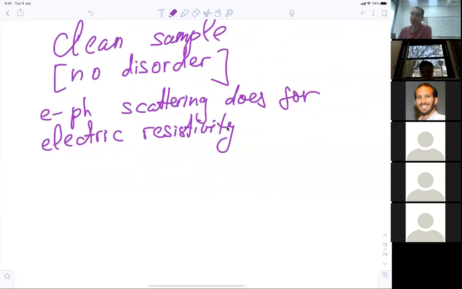If you remember, electric resistivity has everything to do with the relaxation of the momentum. You created a current, you pushed a current by external force, and then disorder counterbalances this force by randomizing the momentum. It didn't care about energy relaxation. So then you can ask, what would be the contribution of the electron phonon scattering to electric resistivity?